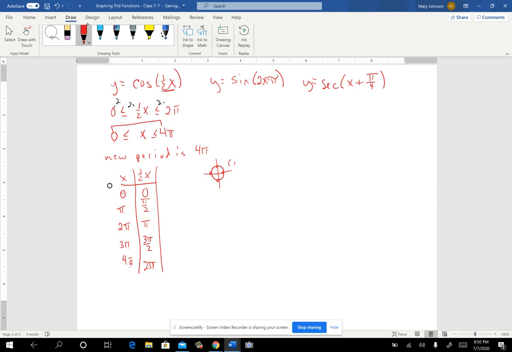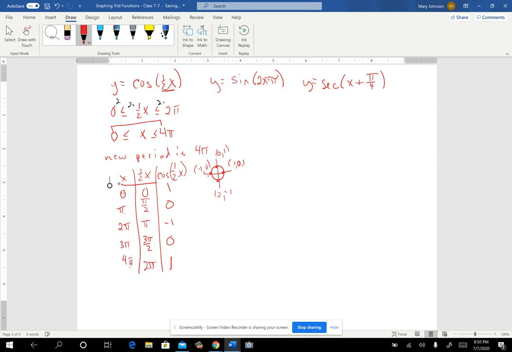Okay, so we're thinking cosine. That's a 1, 0, and we're thinking cosine, which is the x coordinate. So when we come in here to do cosine 1/2 x, that's really going to be 1. And then we're going to go to here. That's going to be 0. Then we're going to move over to pi, and that's going to be -1. And then down here at 0, and then back around at 1.